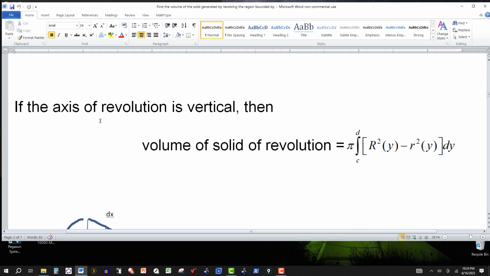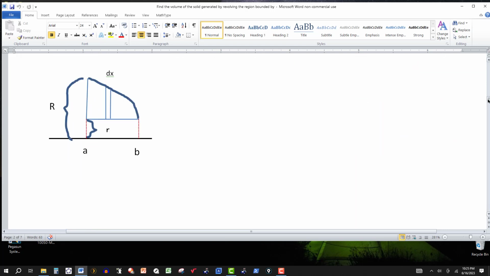And of course, if the axis of revolution is vertical, then everything is in terms of y. You have pi, integral from c to d, of capital R squared of y minus lowercase r squared of y, and you can evaluate this integral. And this is what we have when the axis of revolution is horizontal.